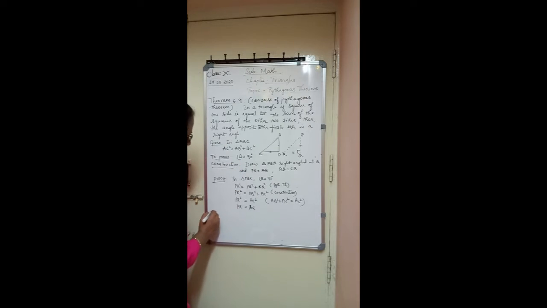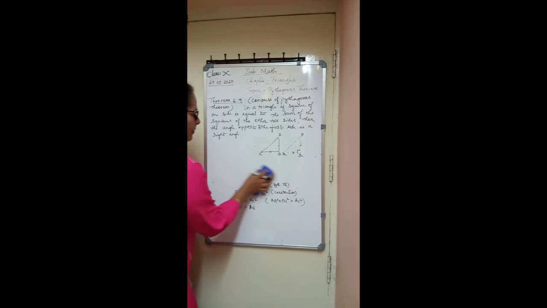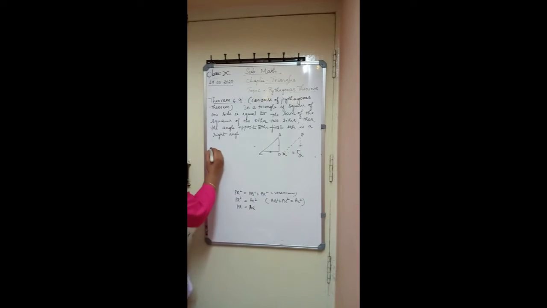Now, in triangles ABC and PQR, we constructed AB equals PQ and BC equals RQ, and we proved that AC equals PR.